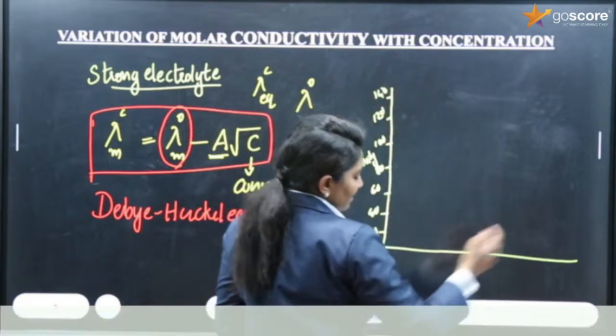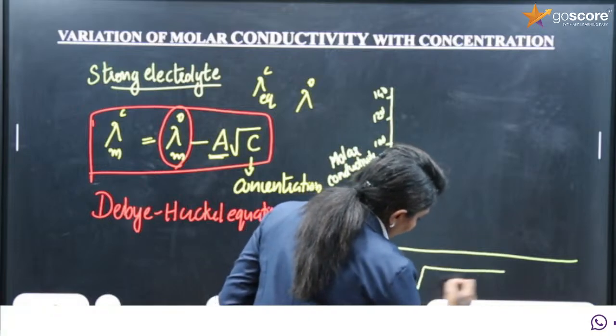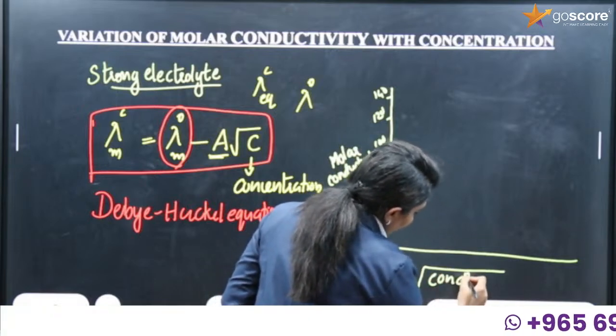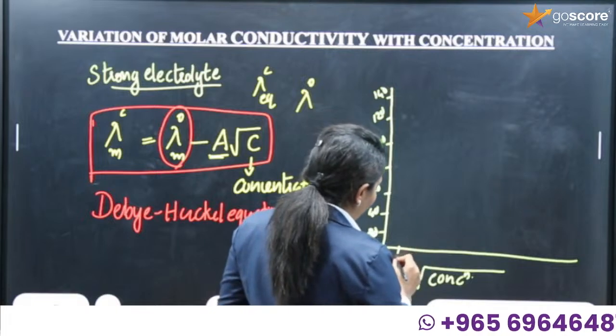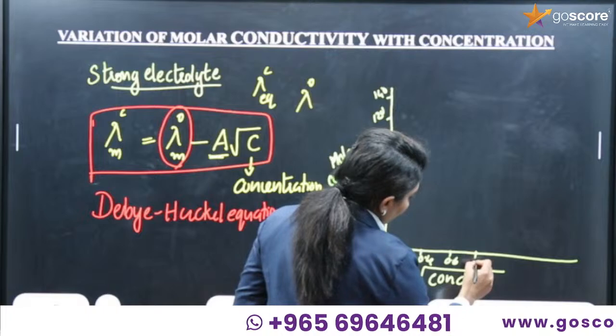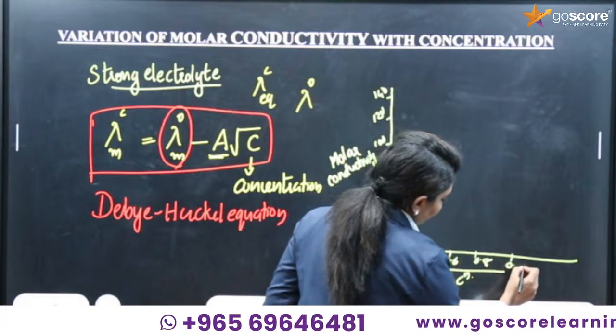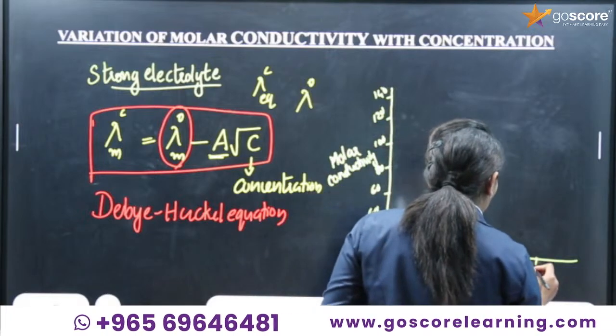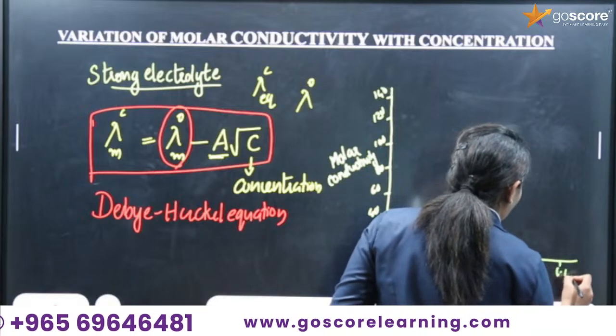And on the x-axis, I am taking the square root of concentration. Those values will be 0.2, 0.4, 0.6.